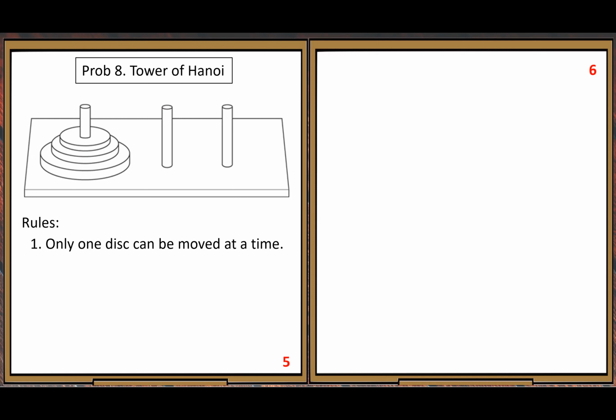So when you place a disk on top of another disk, check the size. The disk already there must be larger than the current disk. Otherwise you cannot place it there.